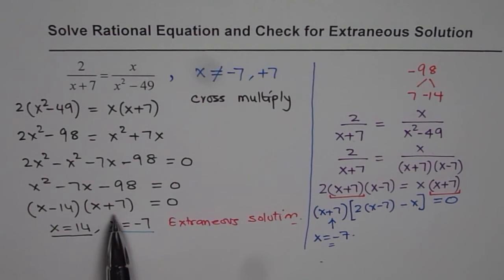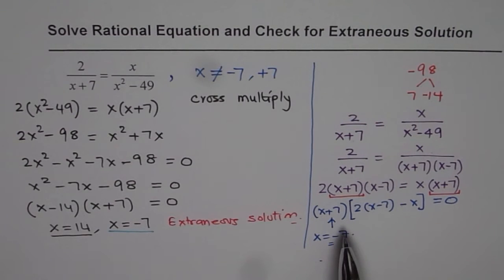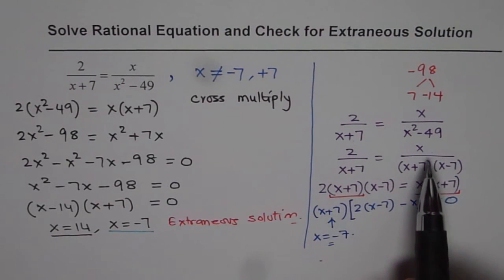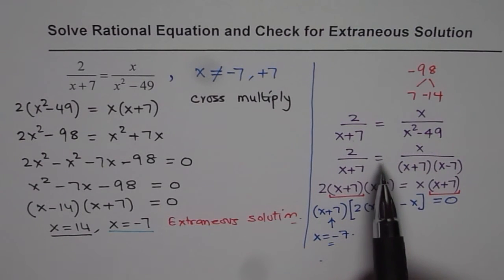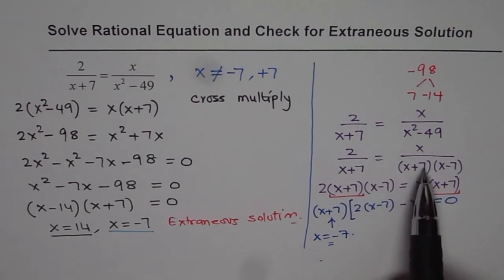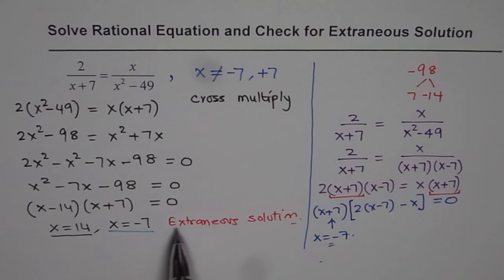So the process is correct and is important, but when we solve inequalities, you will find its importance. At present, a better way to solve equations is to multiply by the lowest common denominator and cancel the terms so that we do not get this common factor and the extraneous result like we got.